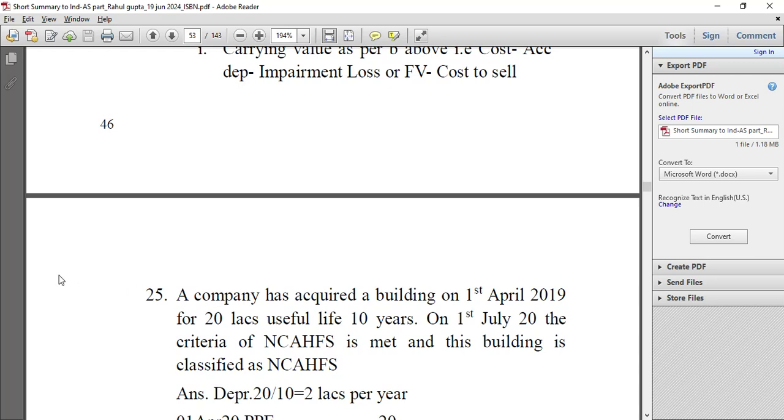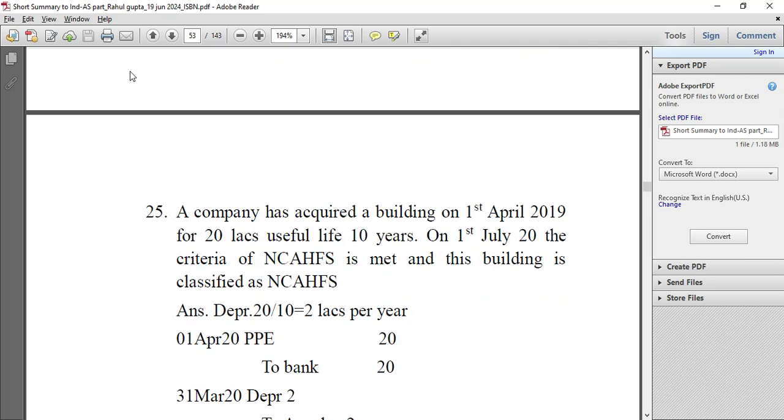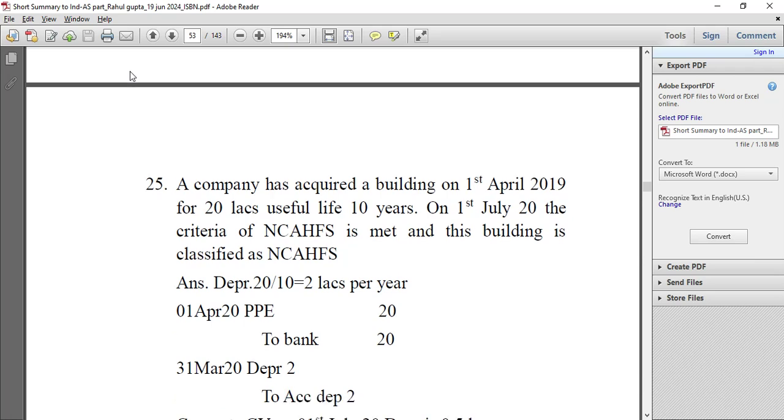A company has acquired a building on 1st April 2019 for 20 lakhs, useful life 10 years. On 1st July 20, the criteria of NCHFS is met and this building is classified as NCHFS. Depreciation is 20 divided by 10, that is 2 lakhs per year. On 1st April 20, PPE 20 to bank 20.